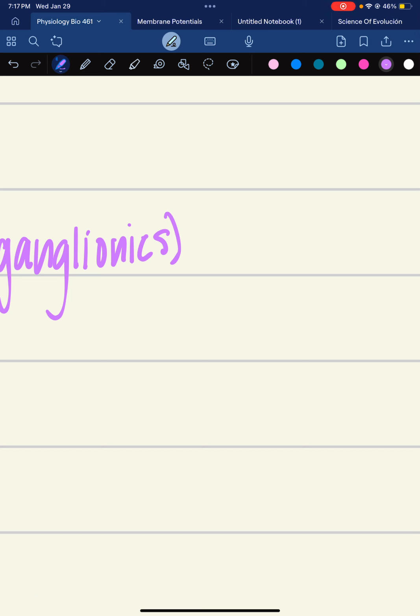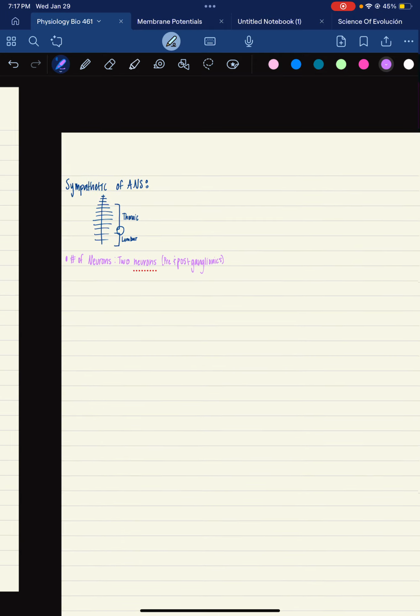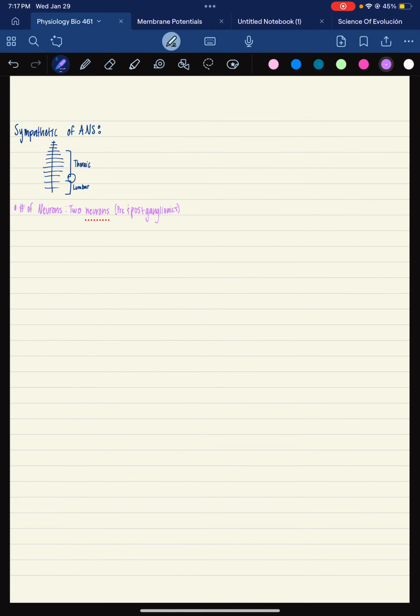Basically this connects the CNS to the effector organs. The preganglionic neuron carries the nerve impulse from the central nervous system to the ganglion, and the postganglionic neuron carries impulses from the ganglion to the smooth muscles or gland, like the heart. A ganglion is just, I believe, a collection of neurons.